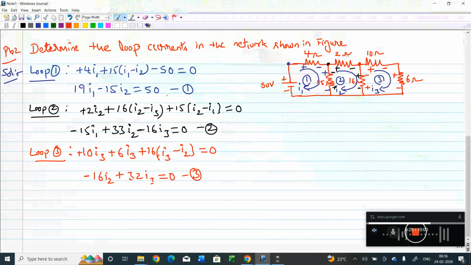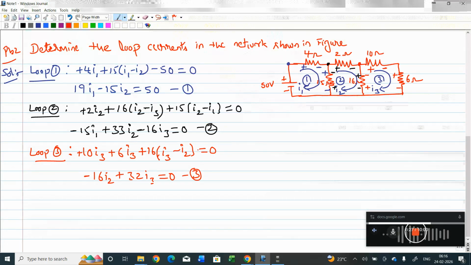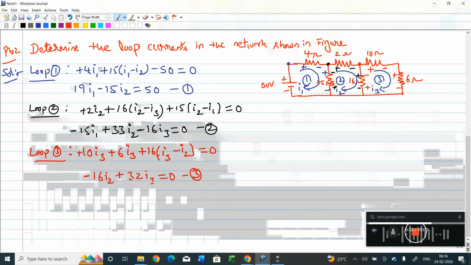So there are three equations, equation 1, equation 2 and equation 3, corresponding to each loop, and there are three unknowns, I1, I2 and I3.